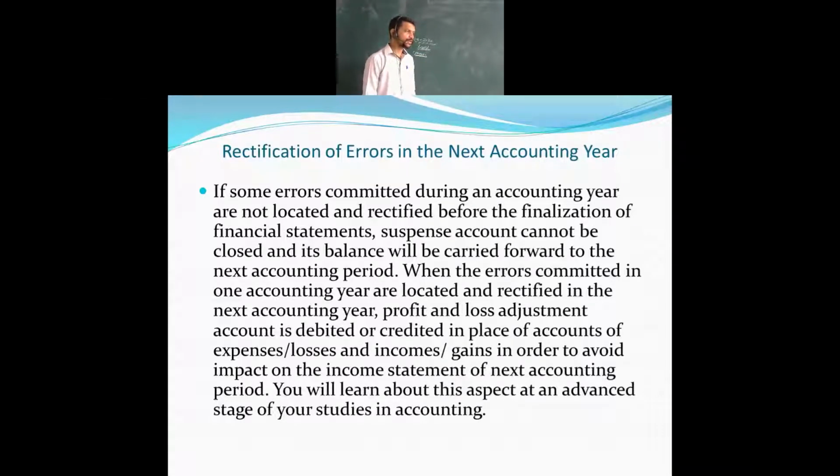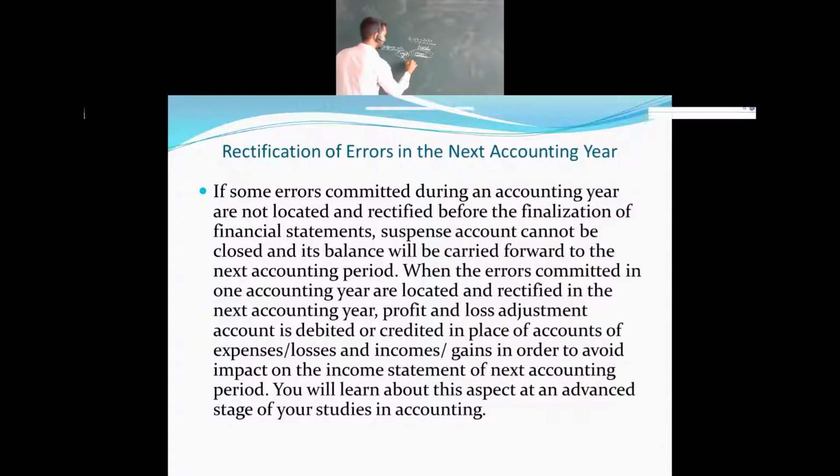Suspense account cannot be closed and its balance will be carried forward to the next accounting year. If the correction is not made, remember, the suspense account will not be closed.